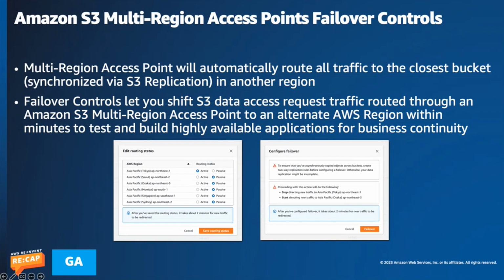In this slide deck, you may see what it looks like and the options to route your request to the nearest S3 bucket to keep the same experience for all users across the board.